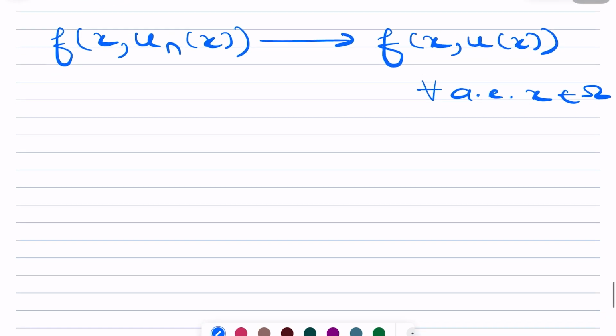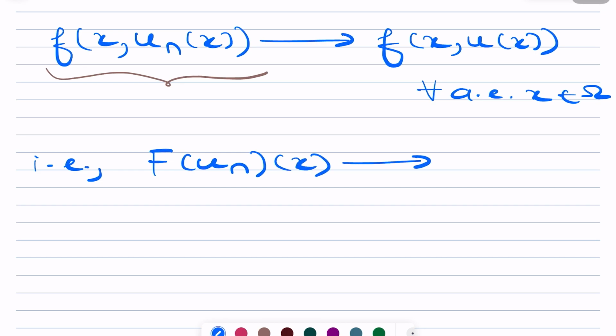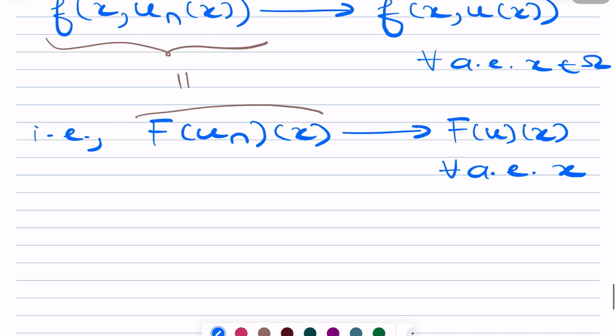This is exactly the definition of our superposition operator. So f of un of x converges to f of u of x for almost every x. So you have pointwise convergence already of our sequence f of un.